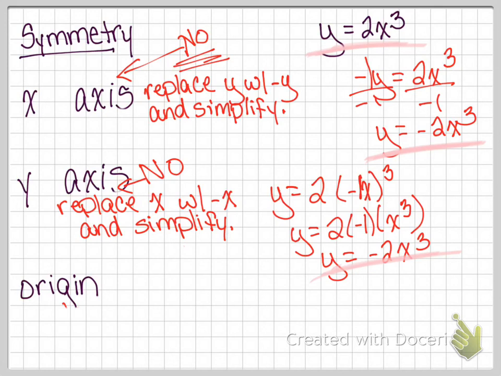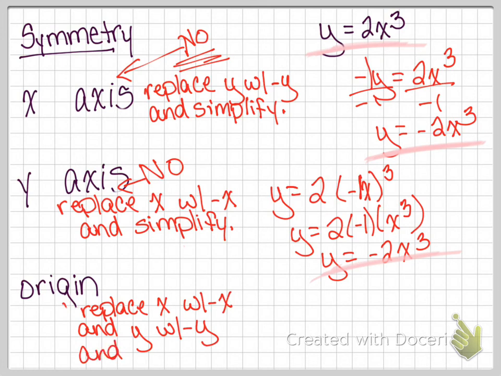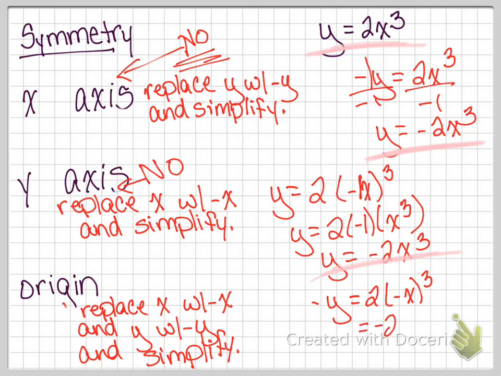Then for the origin, we are going to replace x with negative x and y with negative y and simplify. Okay? So I'm going to have negative y equals 2 times negative x to the third. 2 times negative x to the third, we end up with negative 2x to the third.